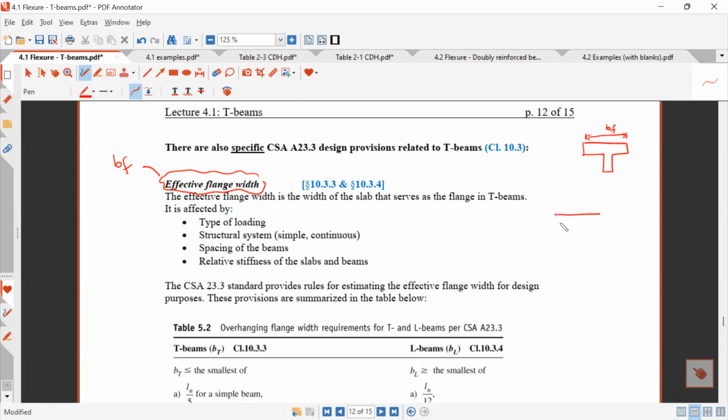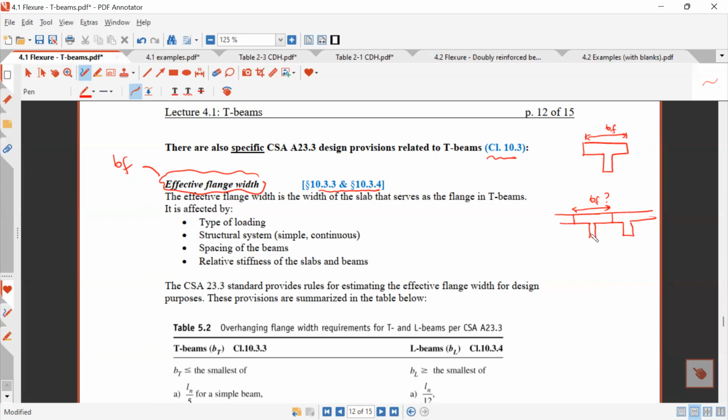But let's say this T-beam is part of a floor system like this, right? In that case, you need to figure out what this BF is here. So there's a clause that discusses this, 10.33 and 10.34. It gives you an equation that you use to determine BF. Everybody got it? So if it's a T shape, a beam on its own, then you just take BF based on the dimensions.